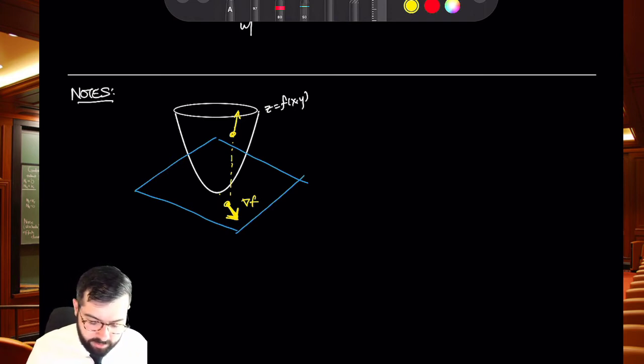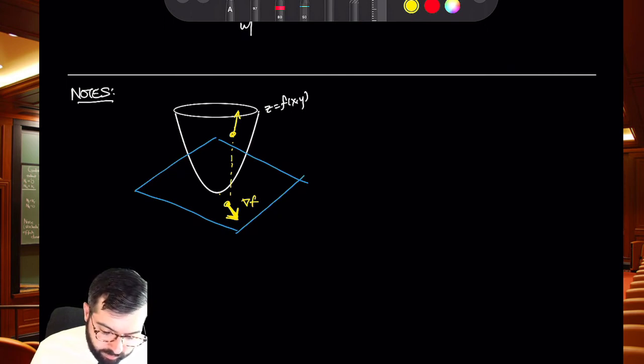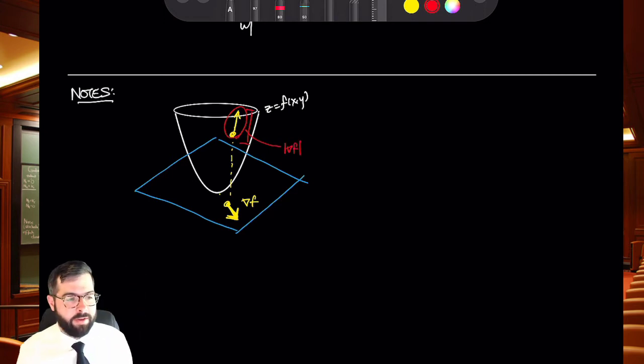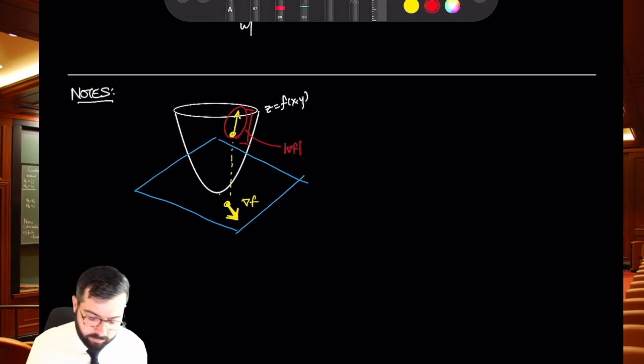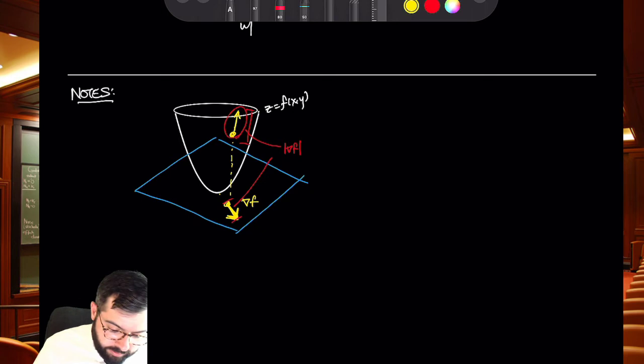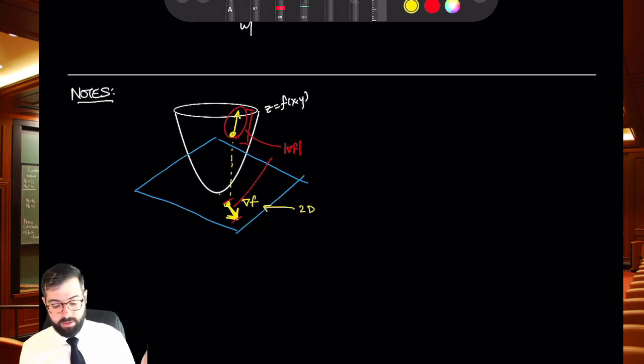And how fast it's changing right here at this point, that length from here to here, is the magnitude of the gradient of f. But the direction lives in 2D for a 3D function.